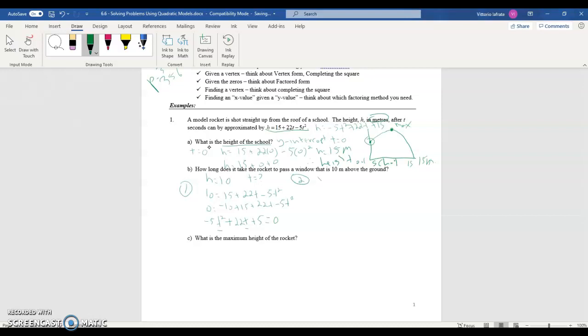So remember that x, which is t in this case, is equal to negative b plus or minus the square root of b squared minus 4ac all over 2a. We know our a value is negative 5.